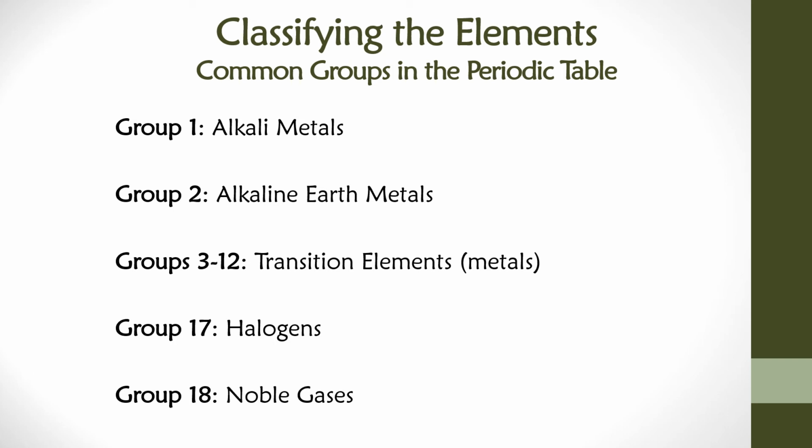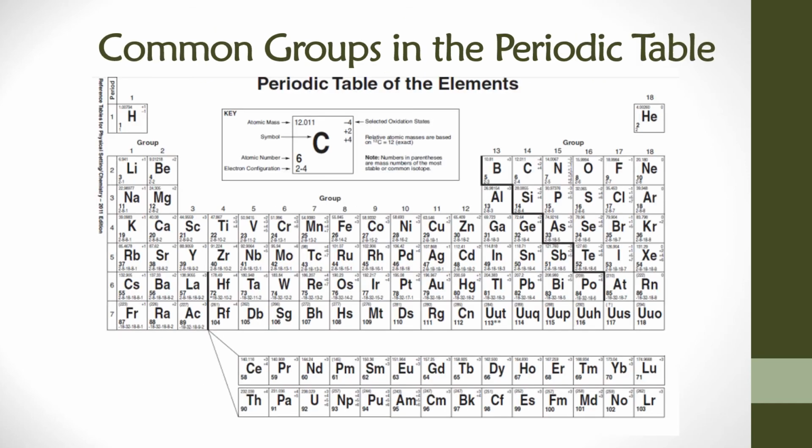Now next up, let's talk about some of the classifications that we see of the elements in the periodic table. So some of the common groups that are used to classify the elements in the periodic table are these. And let's quickly look at where we have all of these groups in the periodic table. The first group that we have are the alkali metals, which are group 1.